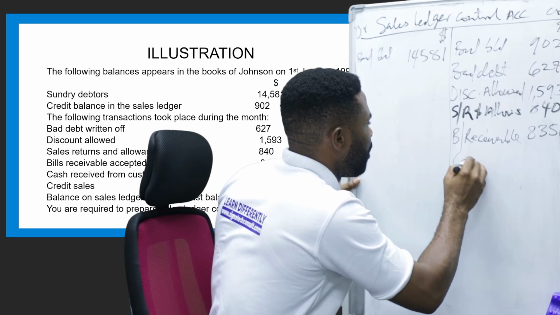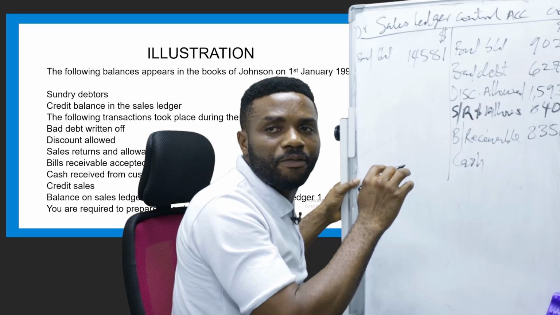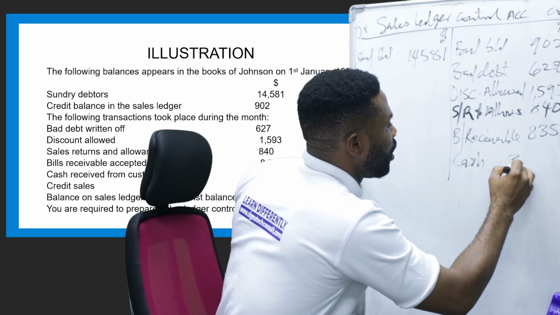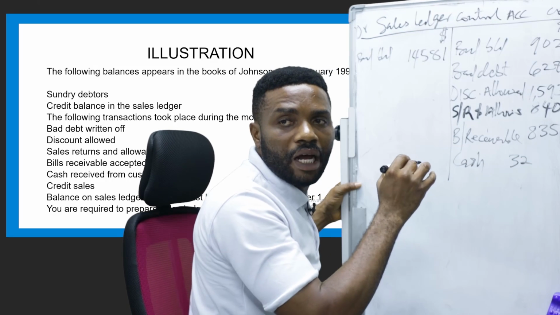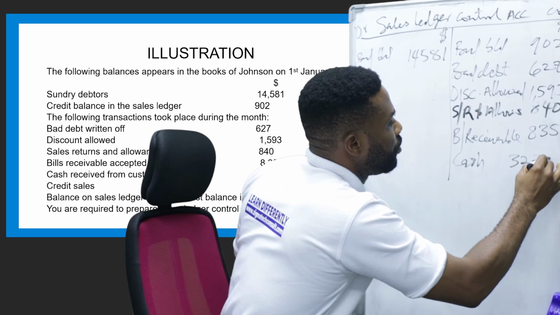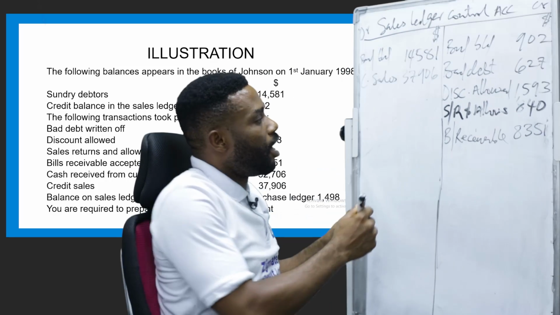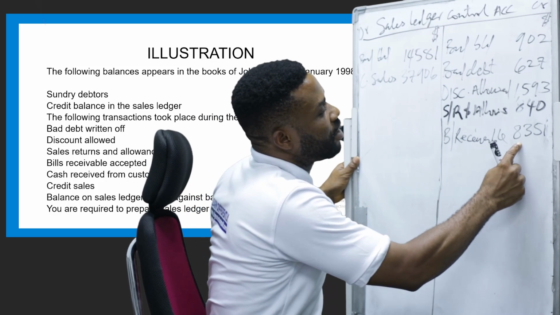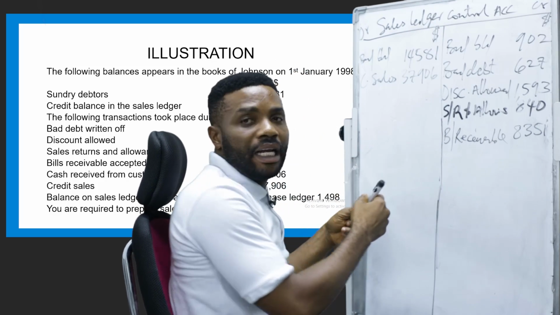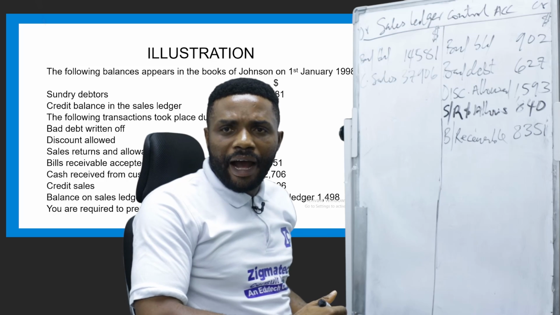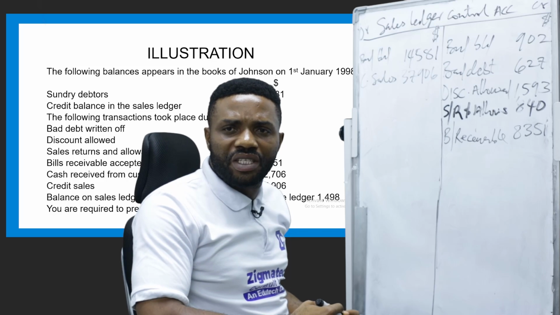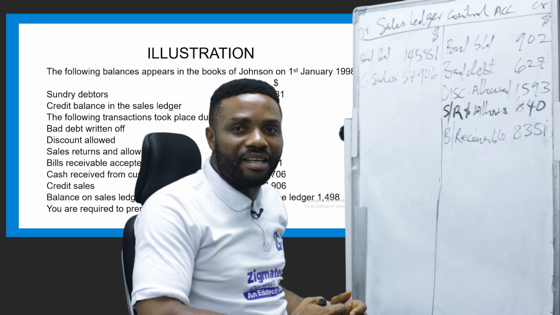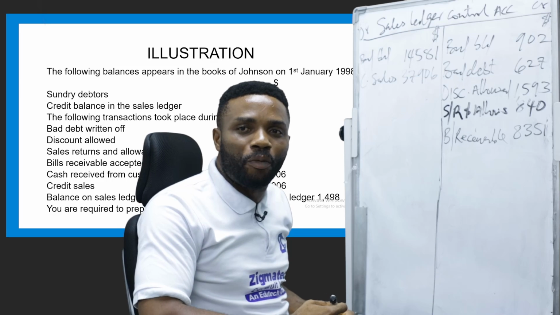You have cash. Cash received from customers is 32,706. Okay. All right. So this is bills receivable 8351. The next transaction there, after we have posted bills receivable accepted, is cash received from customers.